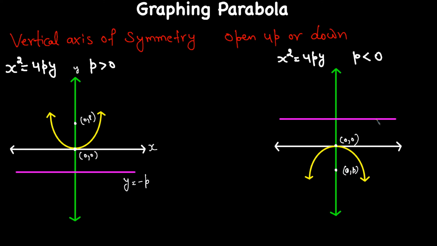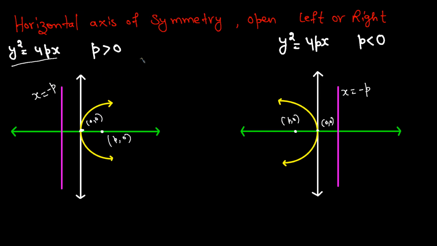This line is the directrix, y is equal to minus p. The vertex is halfway between the directrix and your focus. So if you know the distance between the directrix and the focus, you can find your vertex, which is halfway.